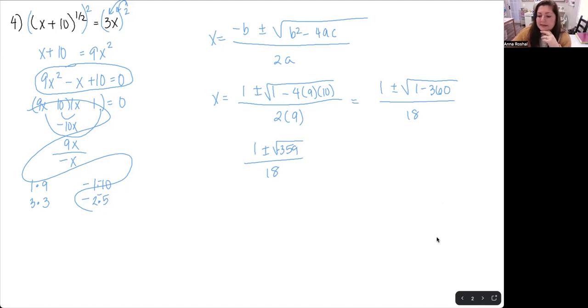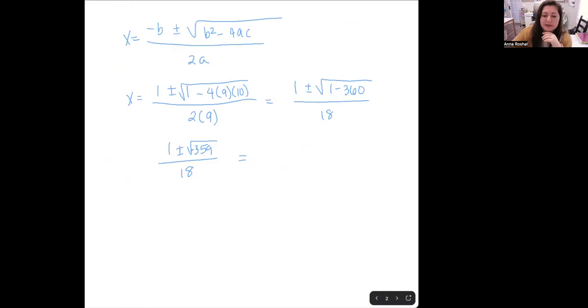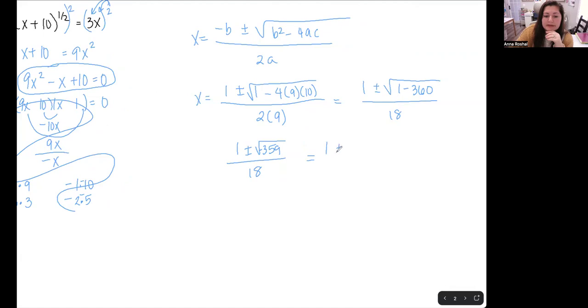What's the square root of 359? Ugh. So that's actually going to be 1 plus or minus 18.9472 i... I don't know how many numbers after the decimal point you're going to need, over 18.